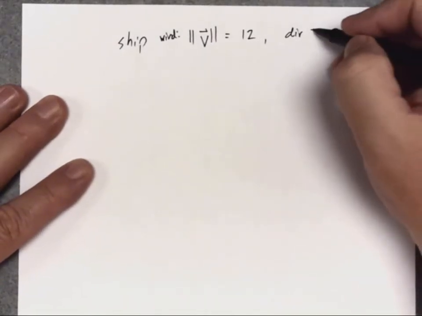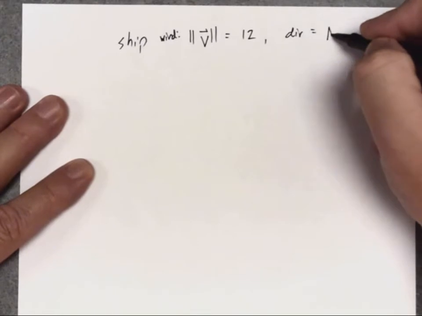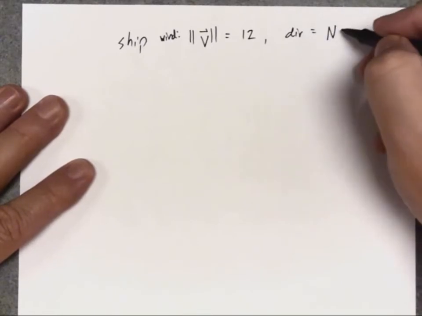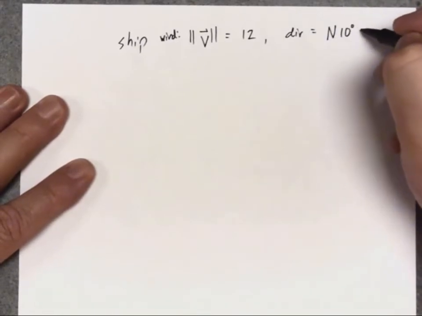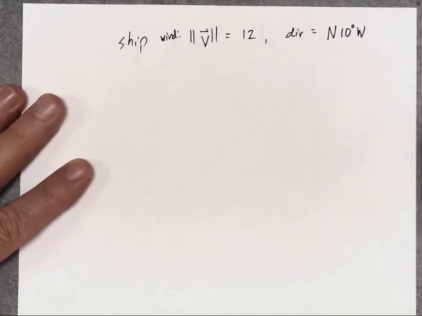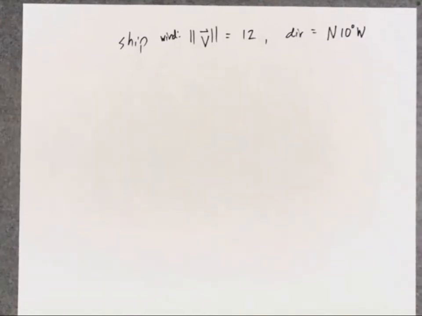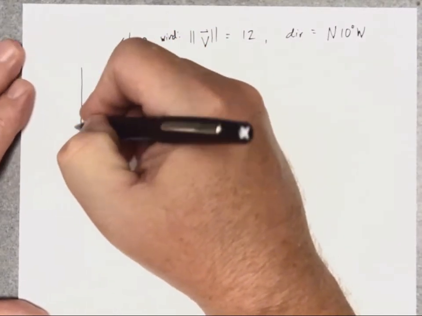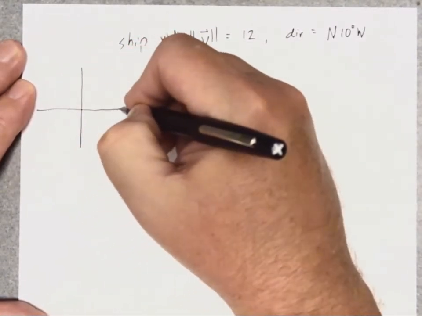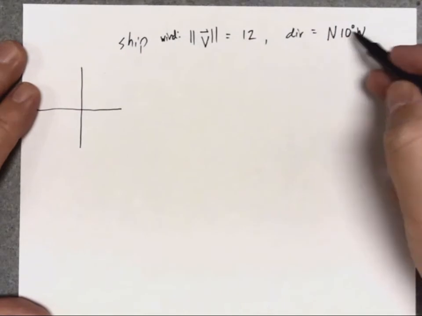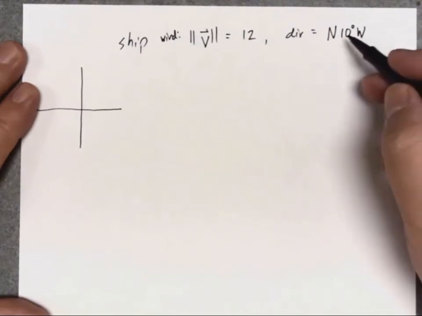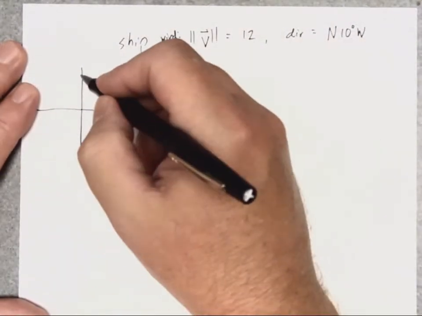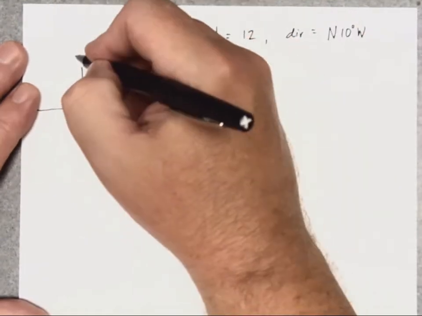They do this thing where they say north 10 degrees west. What that means is, if we were to draw a diagram, north 10 degrees west means you start north, and north is like up.